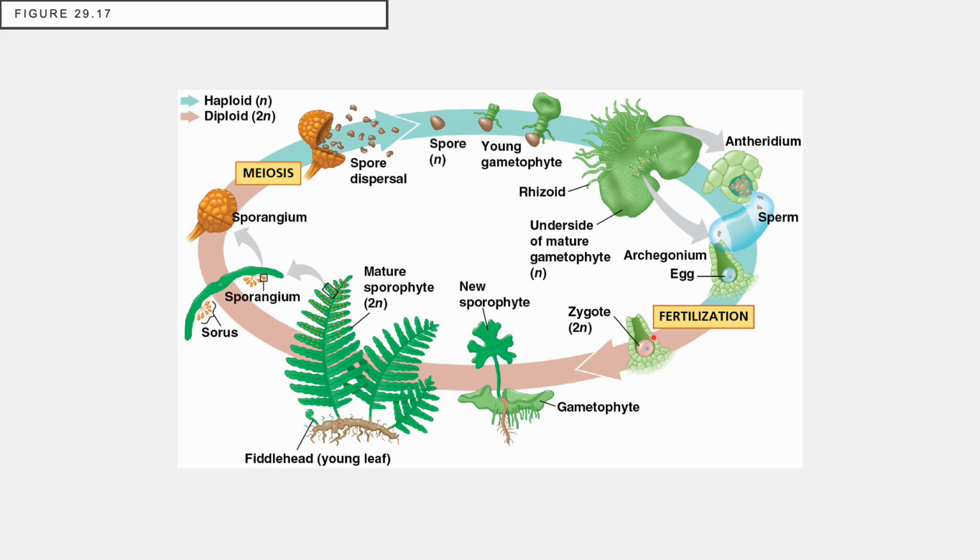Zygote is created, residing inside of the archegonium, develops into a sporophyte, which for a period of time is actually residing in or on the gametophyte. It then takes up its root, since it is a vascular tissue here, just does not yet have seeds. So vascular tissue is one of the adaptations that ferns have over mosses, but not yet seeds.